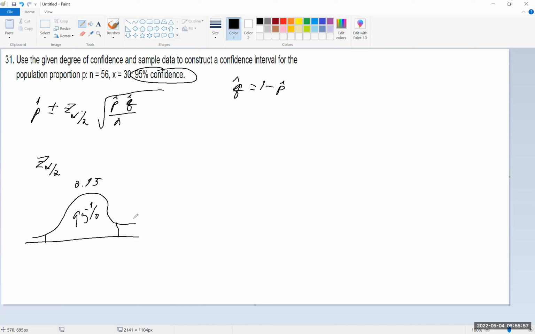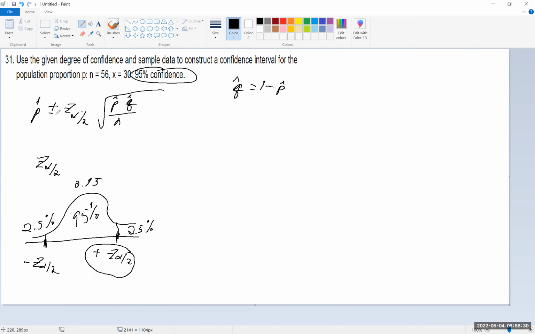That means that we have 2.5% over here and 2.5% over here. And so what we need are the z alpha over 2, z alpha over 2. Now this one's going to be negative, this one's going to be positive. So we're actually going to go with this one because the negative is already taken care of over here.